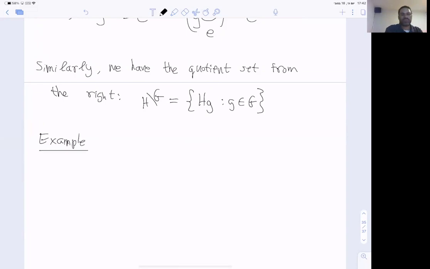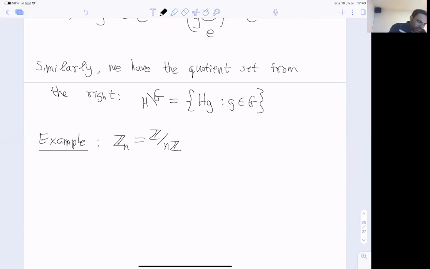So the most common example is what we denote by Zn, which we call the group of remainders modulo n. It is exactly Z modulo nZ. It's the same thing.